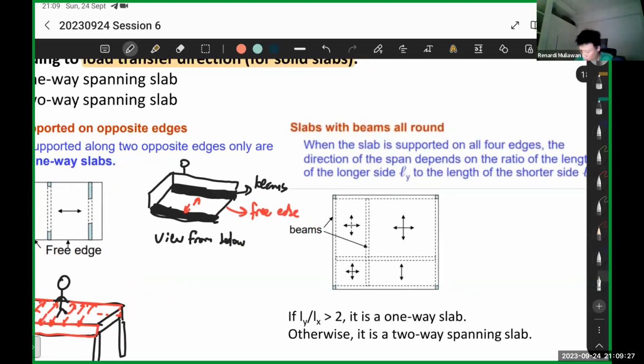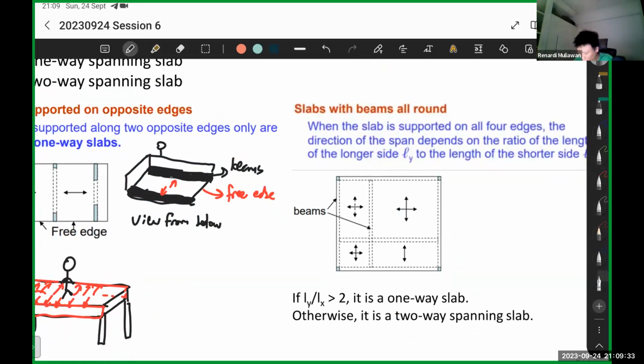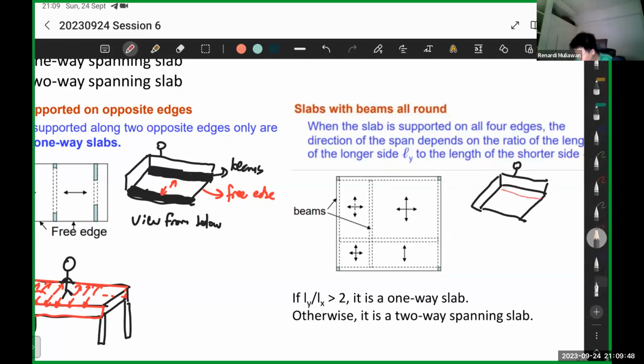Okay. Now let's look at slabs with beams all around. Instead of having only two beams, now let's say this is your view from below. Again, this is your person as reference on the top. So the slab is supported here, here, here and here.